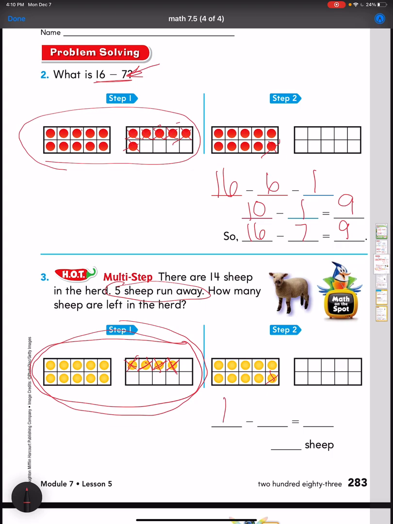So I had 14 and I took away 5. And how many am I left with? I'm left with 9 because I know that 10 minus 1 is 9, and I know that. So 14 minus the 5 is going to be 9, and they're left with 9 sheep in the herd.